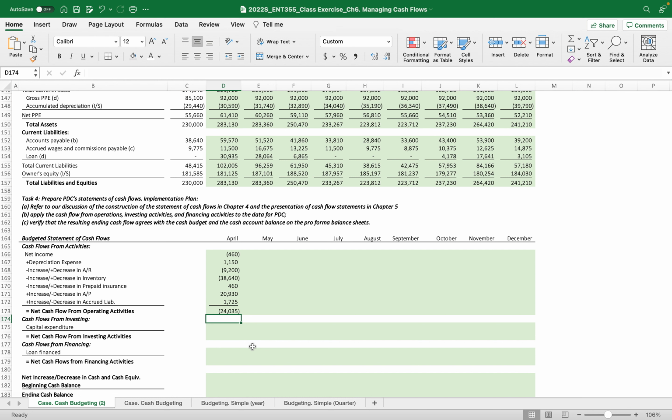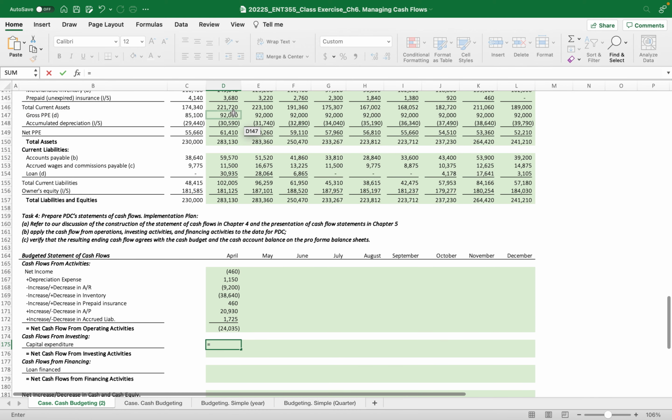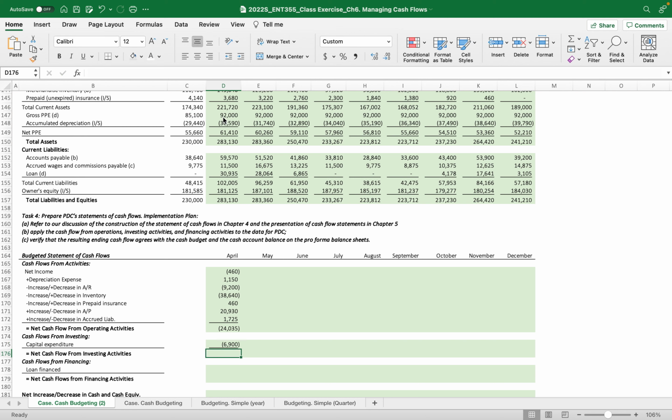On a monthly basis, investors don't like that situation because operating cash generation is actually negative. The capital expenditures come from gross PP&E. There you go, it has increased. That means cash out: asset up, then cash out.